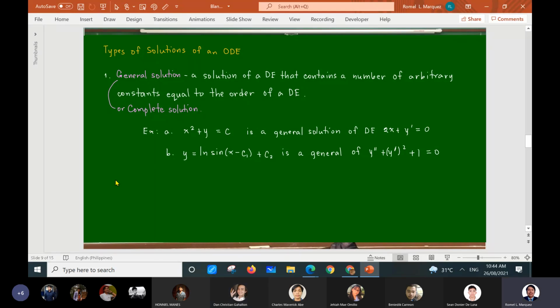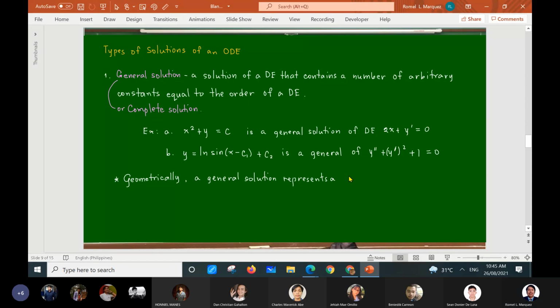By the way, take note that geometrically, a general solution represents what? It represents a family or a collection of curves.